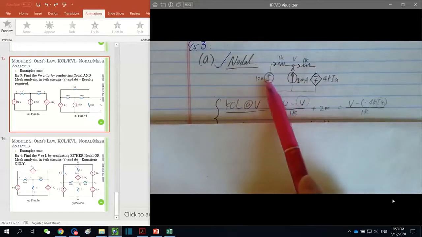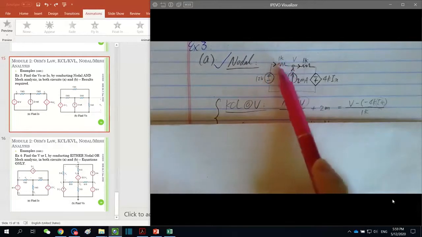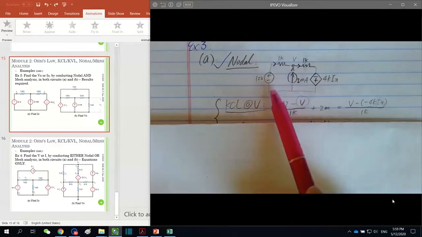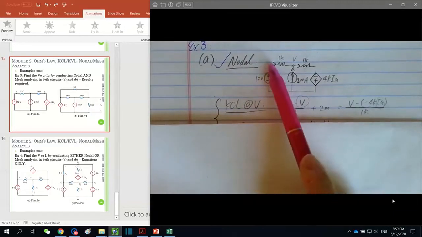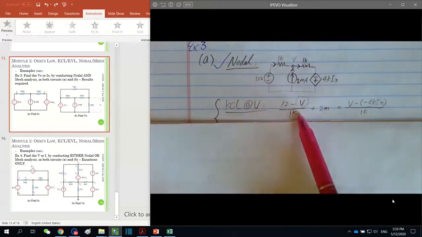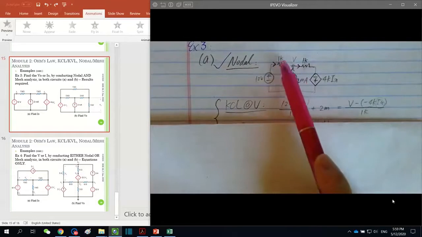Obviously, the 12 volts voltage source, again, is not helpful. So we have to utilize this resistance here to write Ohm's law. The voltage here is from this node with respect to the ground, which is nothing but exactly across the 12 volts voltage source. Therefore, the voltage here is 12 volts. So 12 minus V divided by 1 kilo ohm is the current here, towards right.